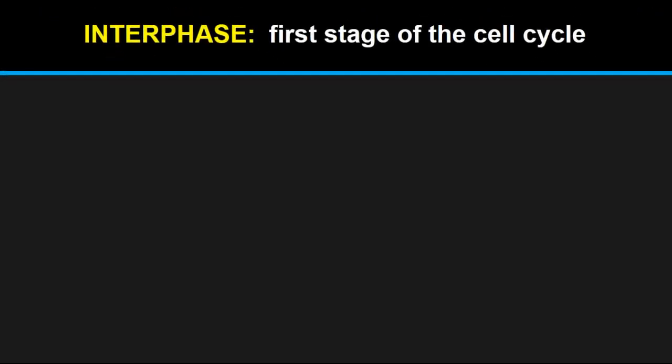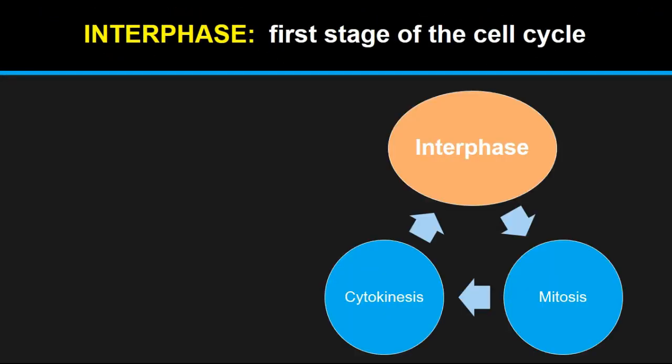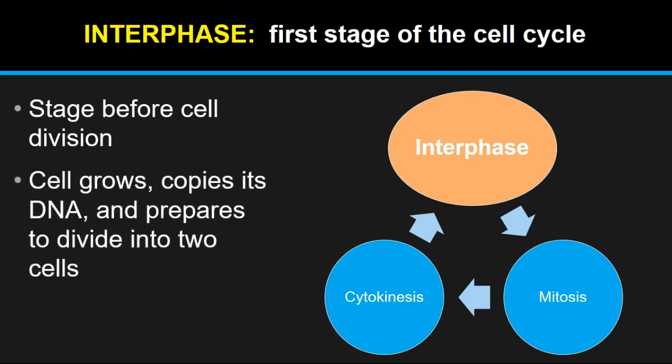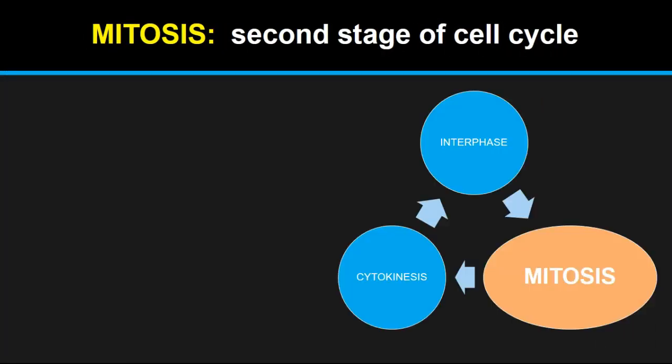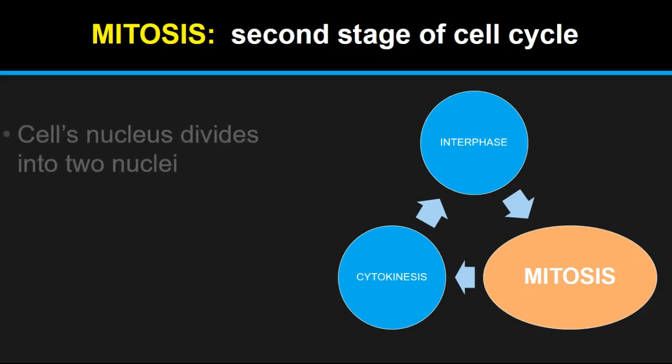And interphase is the first stage of the cell cycle. It's the stage before cell division takes place. During this phase, the cell grows, copies its DNA, and prepares to divide into 2 cells. And mitosis is the second stage of the cell cycle.